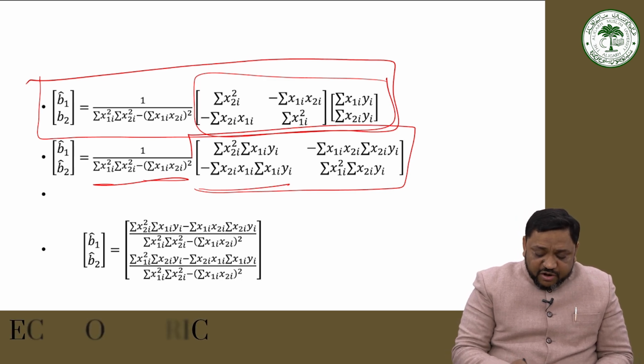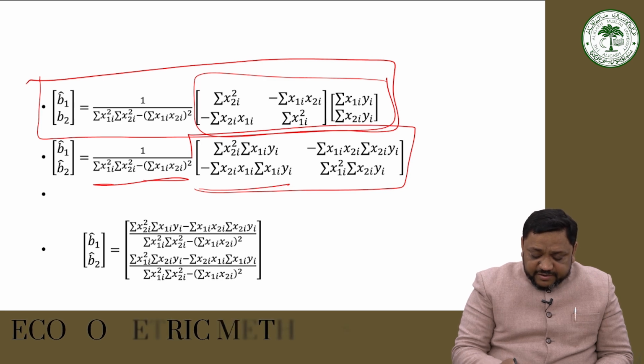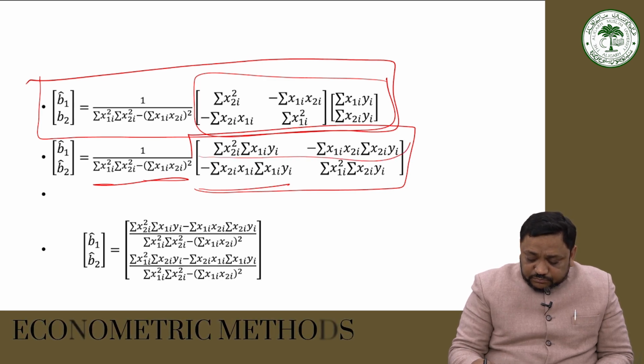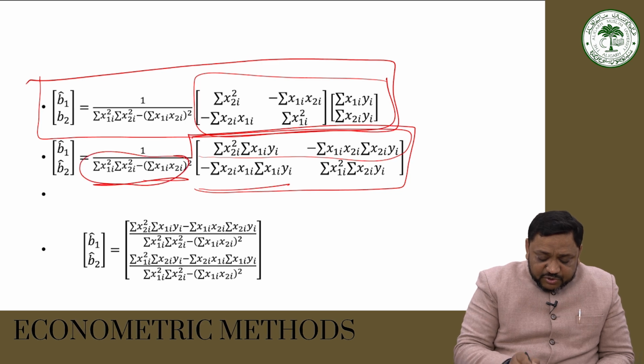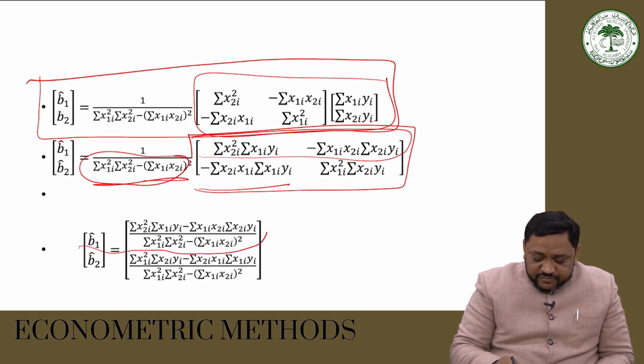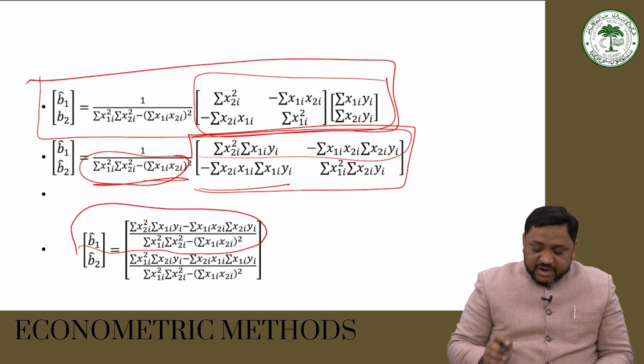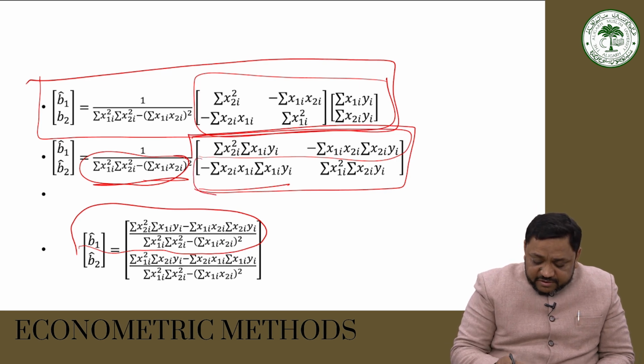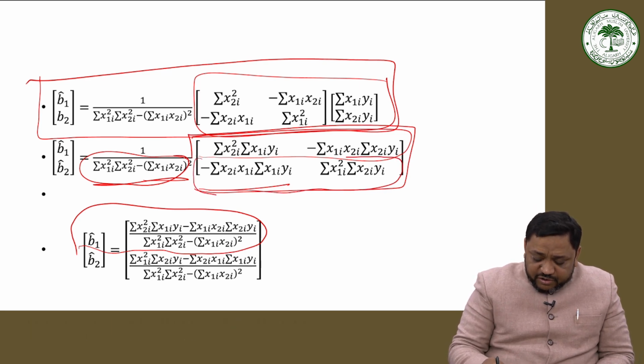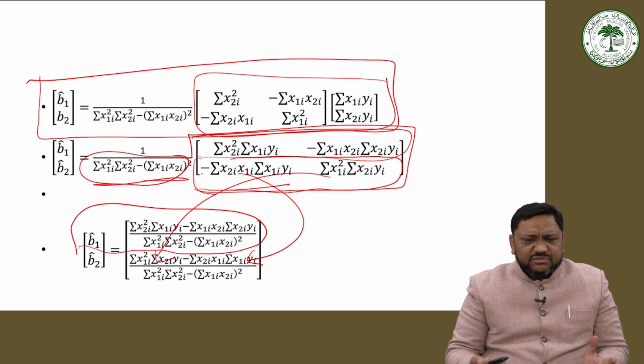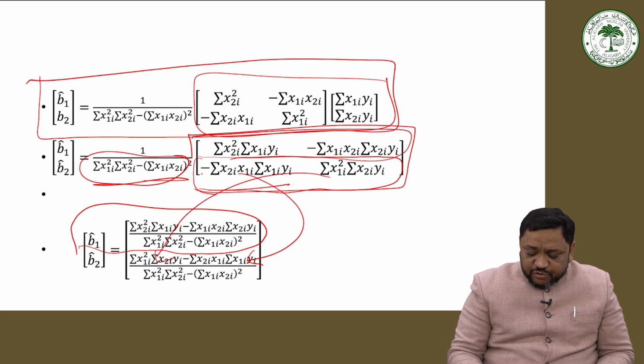Now we are going to divide all this by this term. So this is the value of b1. Next, we rearrange it so that this term comes first, and the term with the minus sign before it comes second. This makes no change. We write this term first and this term second, divided by the same determinant.